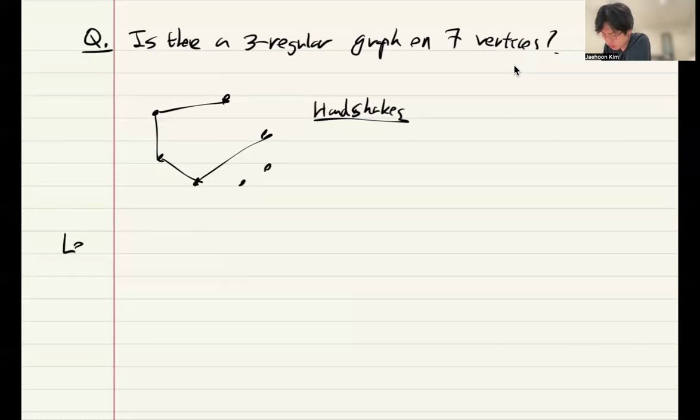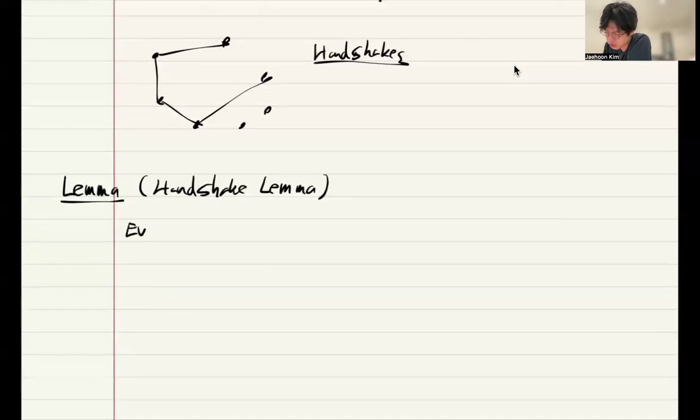And the following lemma, which we call the handshake lemma, says that this is impossible. What does it say?